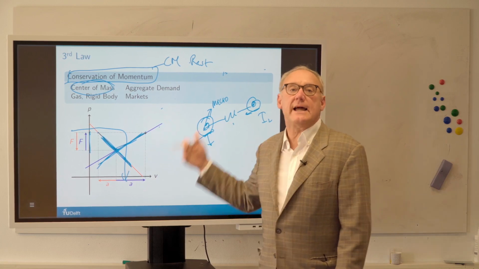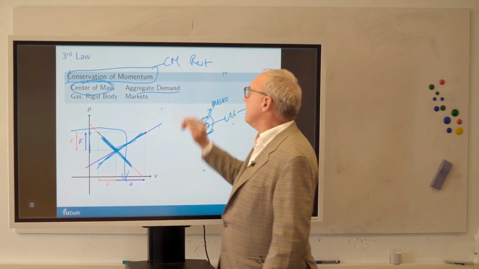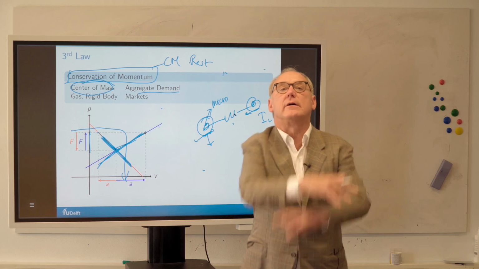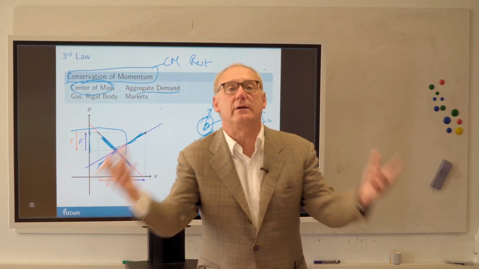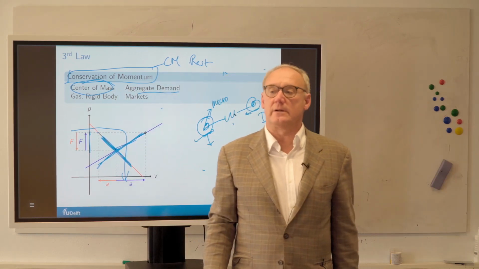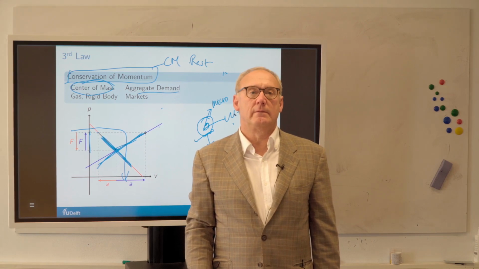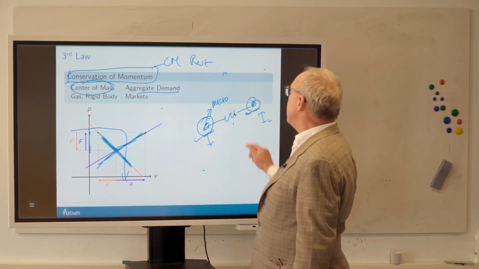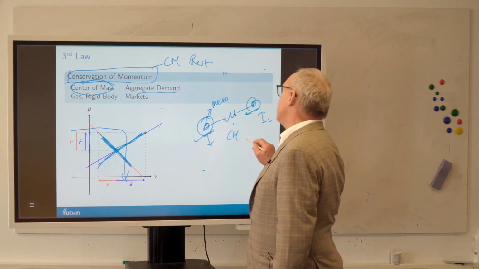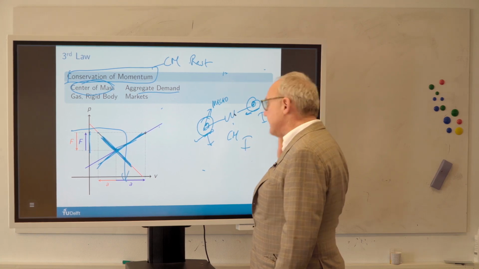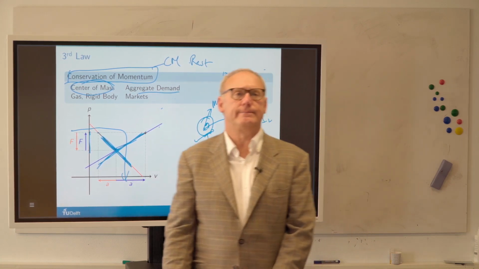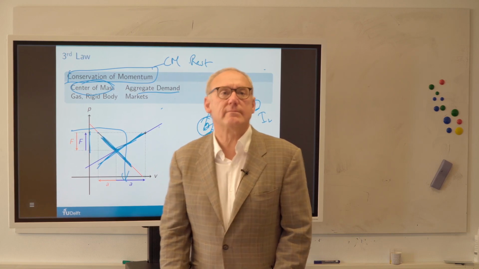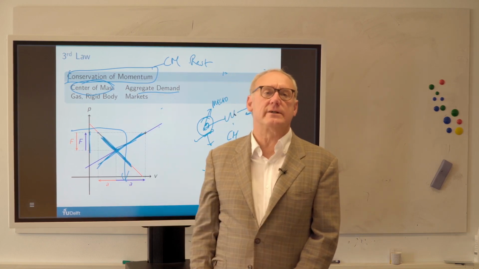But what is the aggregate demand? That is that the whole market, all the players together, the whole economy is at rest. That is that the center of mass is at rest. That's an I element, and that is at rest. That doesn't mean that the individual things are at rest.